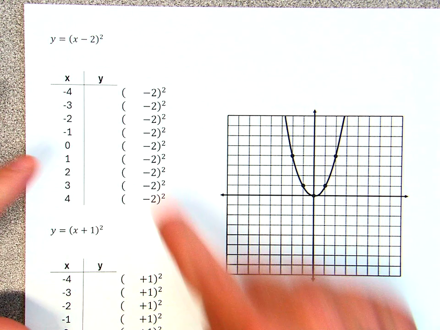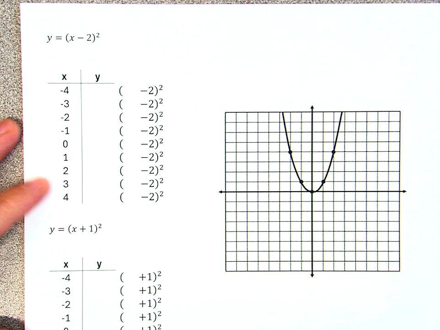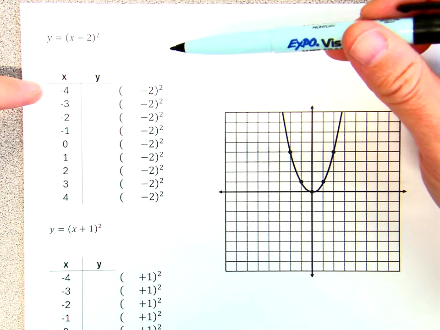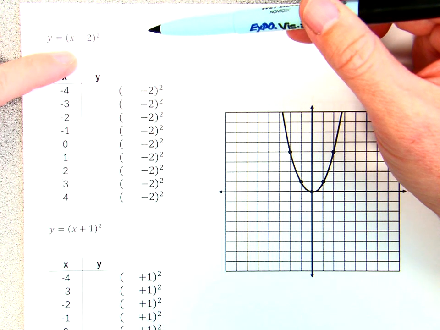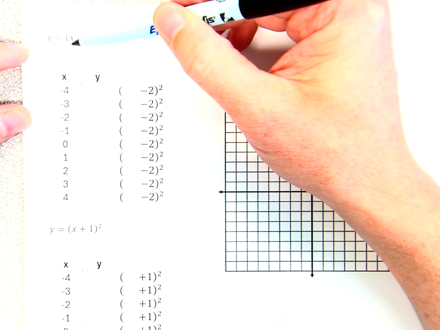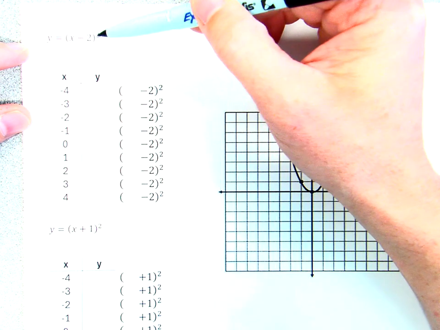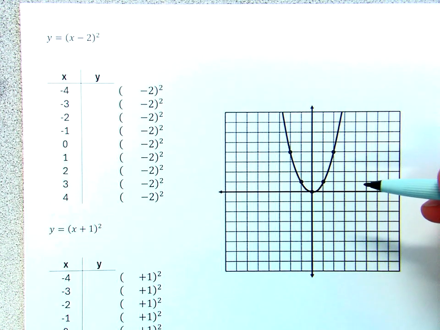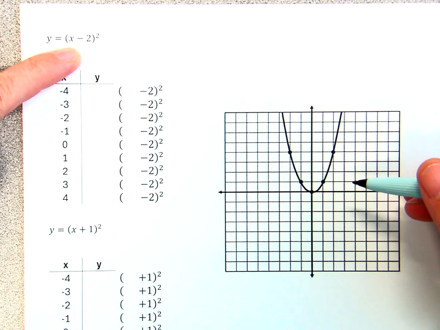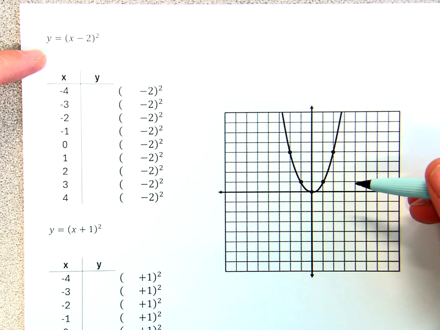Okay. So I have a lot of this one set up here, but let's take a look at it. In terms of order of operations, once we pick an x value, we're going to subtract 2 first, which means this transformation is going to affect the x values.